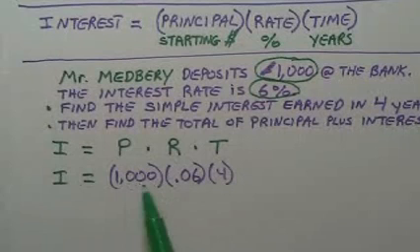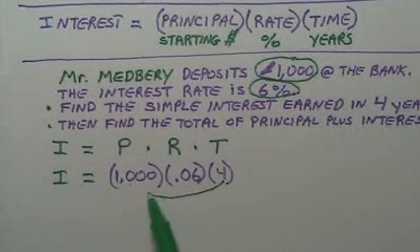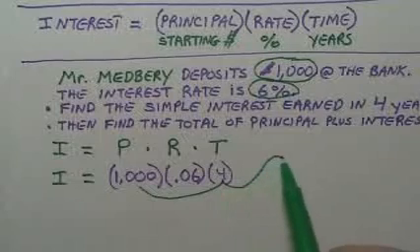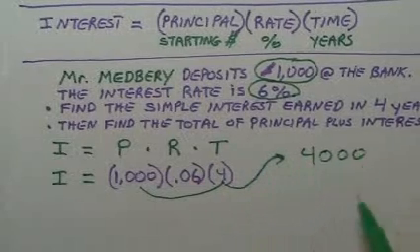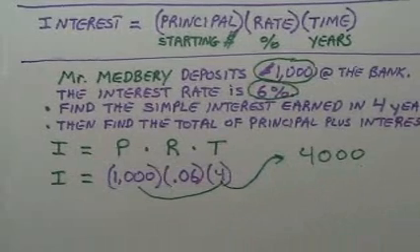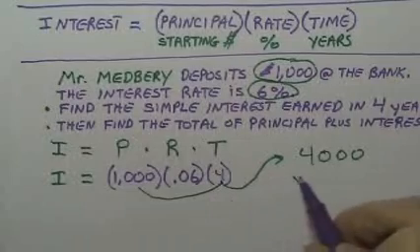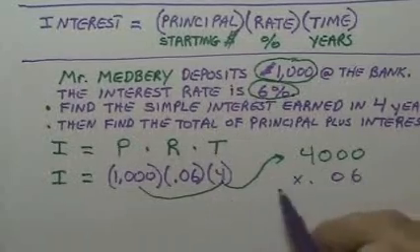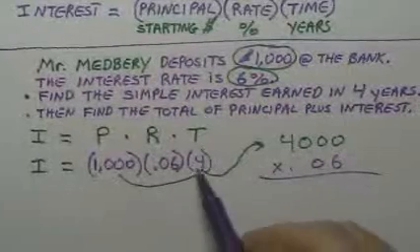Now here's how I do this. I take these two numbers right here, 1,000 times 4. I can do that very easily. 1,000 times 4 is simply 4,000. So now I'm going to take 4,000 times 0.06. This just makes it faster for me.